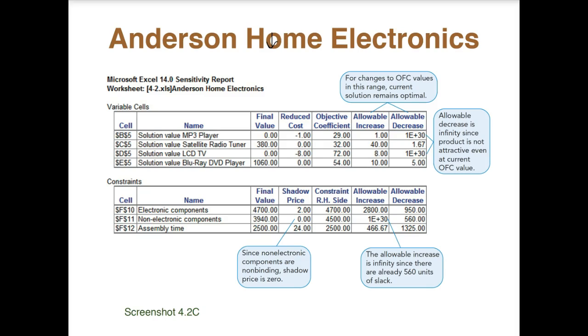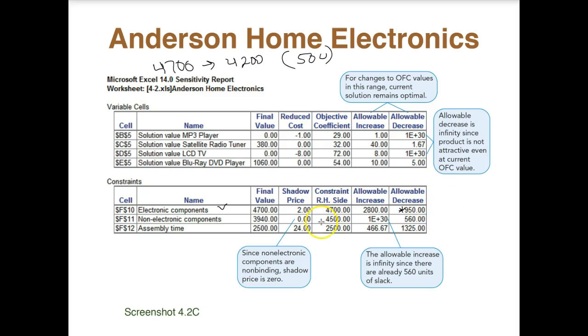All right, so the first thing that we talked about was making a change in electronic components from 4,700 units to 4,200, which of course is a difference of 500. Now, first of all, when we look at the electronic components, we notice that the allowable decrease is 950. And of course, a decrease of 500 units falls within that.